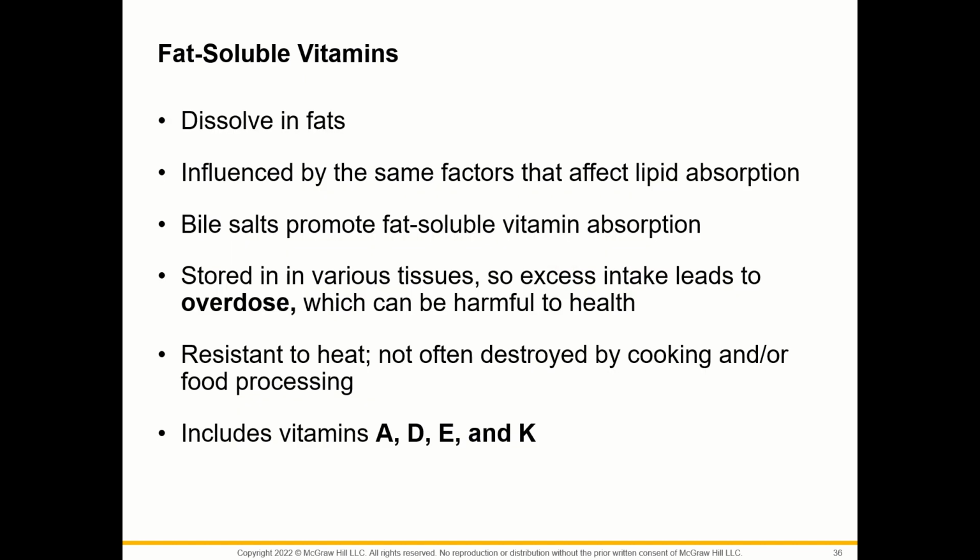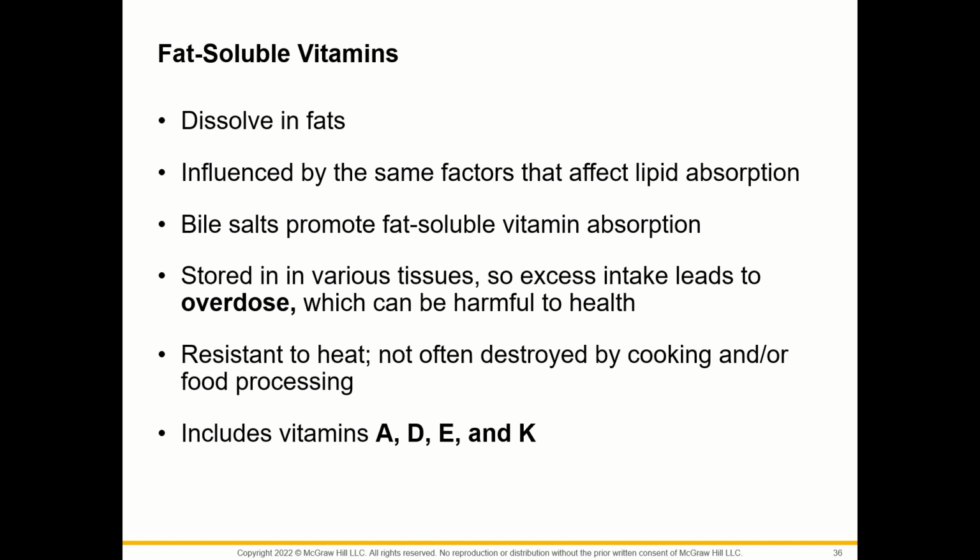The fat-soluble vitamins dissolve in fats, and they are influenced by the same factors that affect lipid absorption. Bile salts will promote fat-soluble vitamin absorption. Fat-soluble vitamins are stored in various tissues, so excess intake leads to overdose, which can be harmful to health. Fat-soluble vitamins are resistant to heat and are not often destroyed by cooking or food processing.